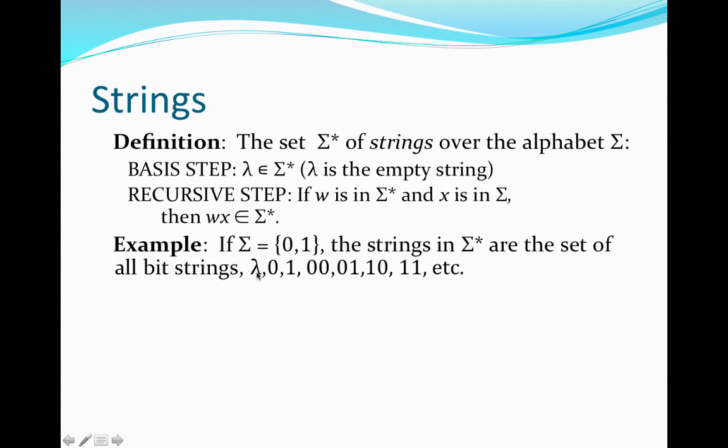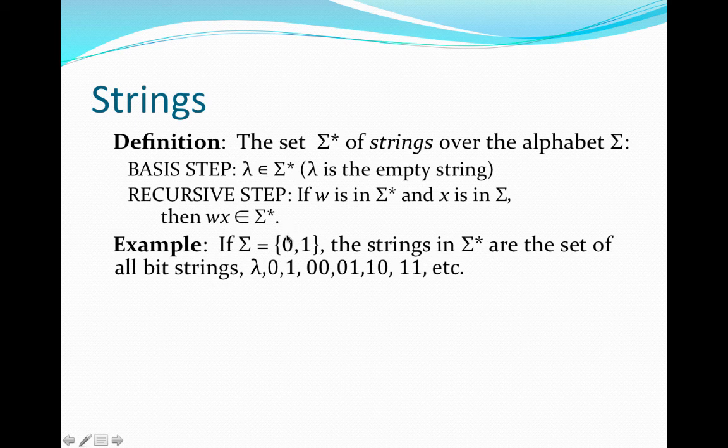Since the empty string has no elements, adding 0 to the right of nothing simply gives us the string 0, and adding 1 to the right of a string which has nothing in it simply gives us 1 as a string. Then as soon as these become strings, we can add both elements of the alphabet to the right.